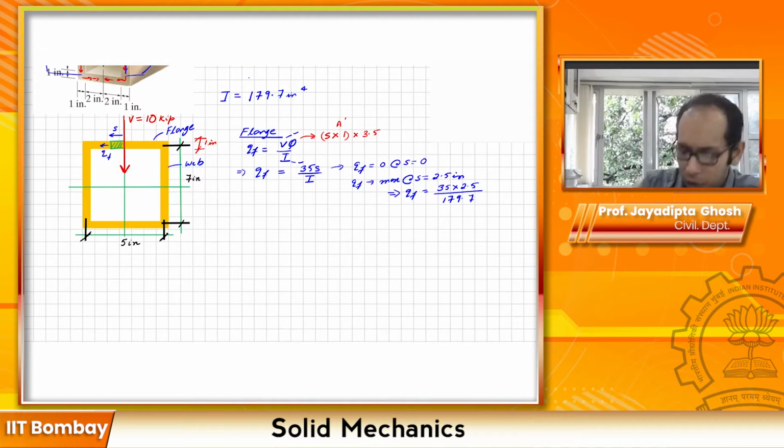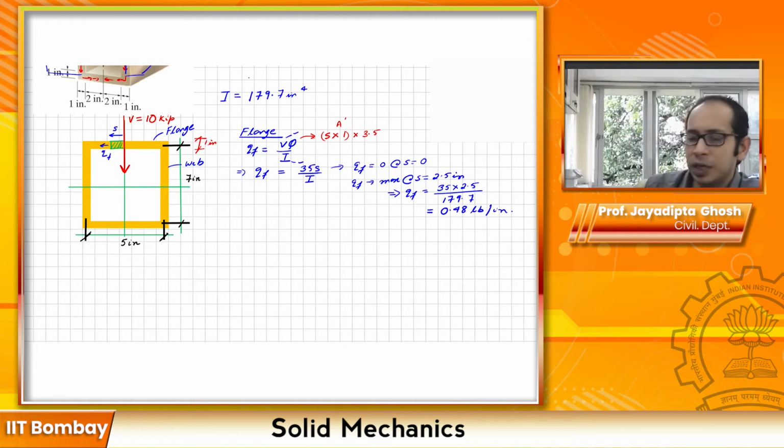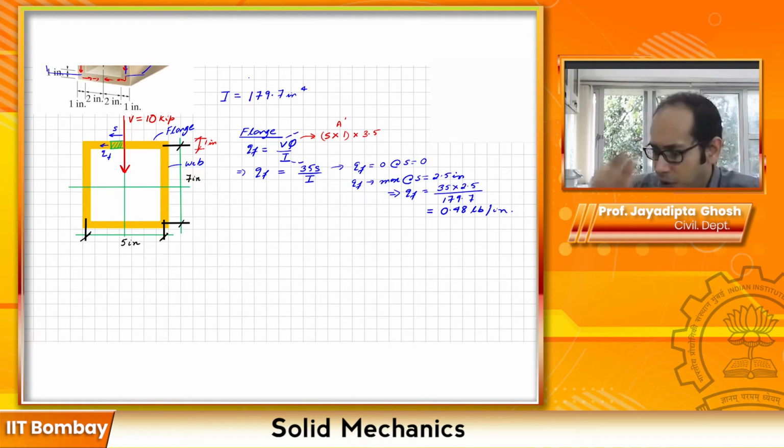Now if you put all those values over here, you will get the Q of F, as I have calculated already, it is going to be 0.48. Remember the unit of Q is force per unit length, so it is going to be pound per inch. So you have a linear variation from this point up to this one.